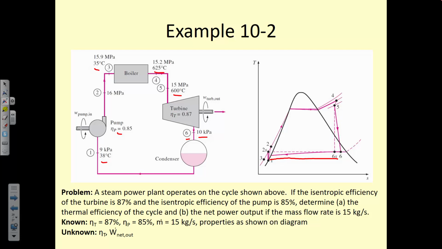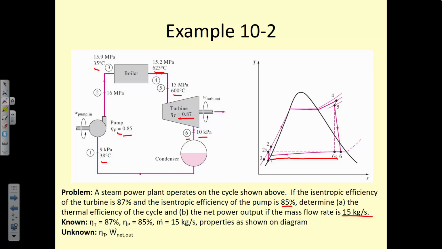So if our pump is 85% efficient and our turbine is 87% efficient, we want to determine the overall thermal efficiency of the cycle, and the net power output. So we're given a mass flow rate of 15 kilograms per second, and all the properties are given to us on the diagram that will allow us to perform that analysis.